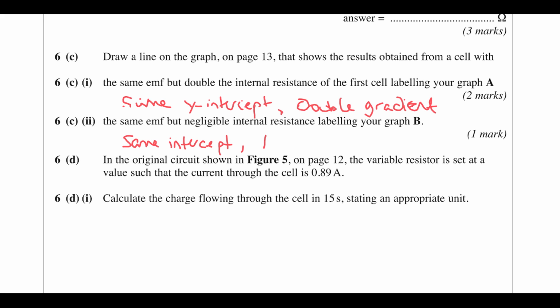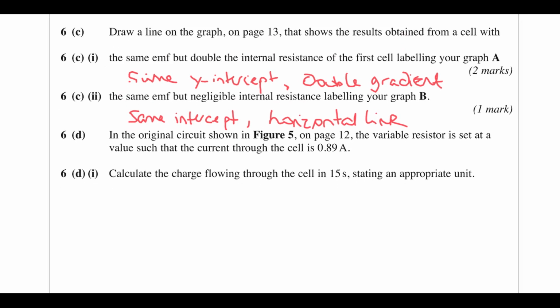But it's going to be a horizontal line, because the potential difference across the external resistors is just going to be equal to the EMF the whole time, because it's the only component in the circuit. So the potential difference won't change because it's no longer a potential divider.